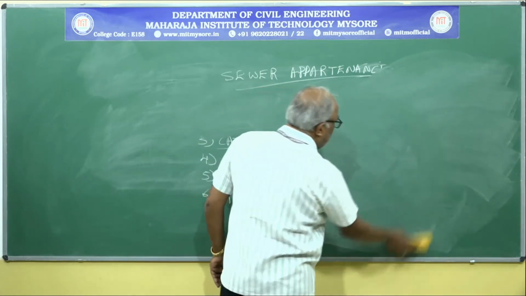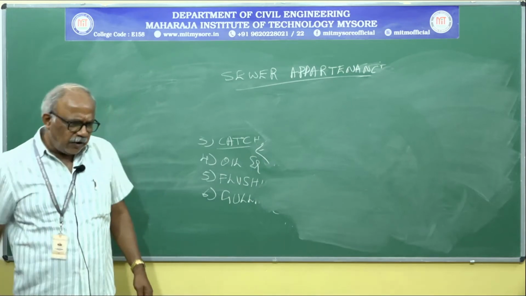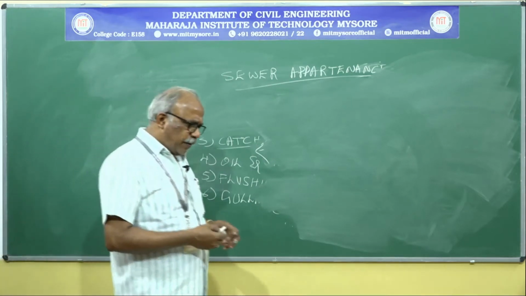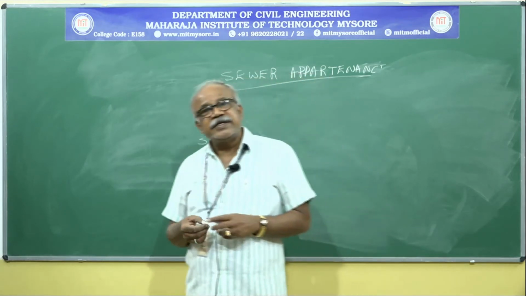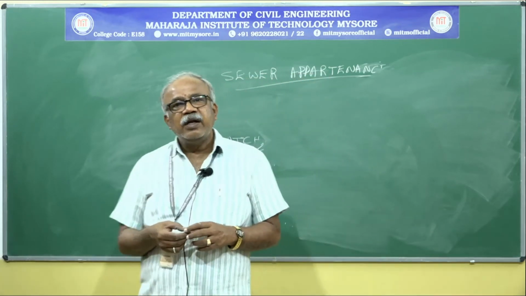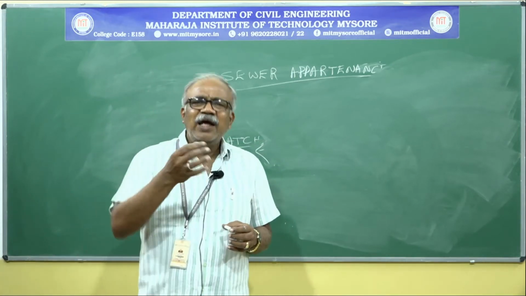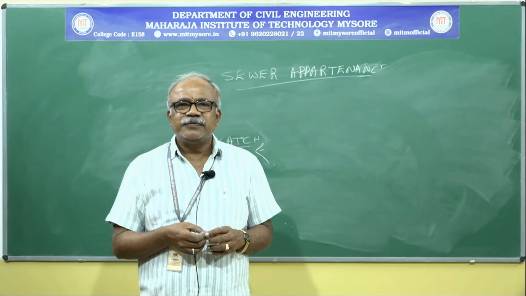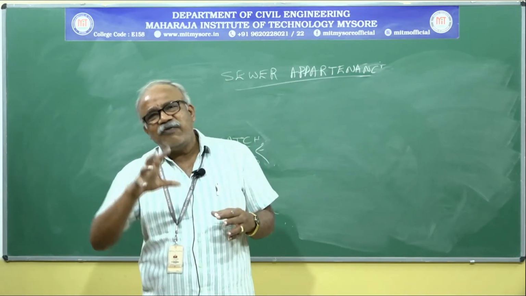Next, what do you mean by oil and grease trap? The best example is the dairy industry. For smooth working of machines, they provide oil and grease, and also the milk contains fat.